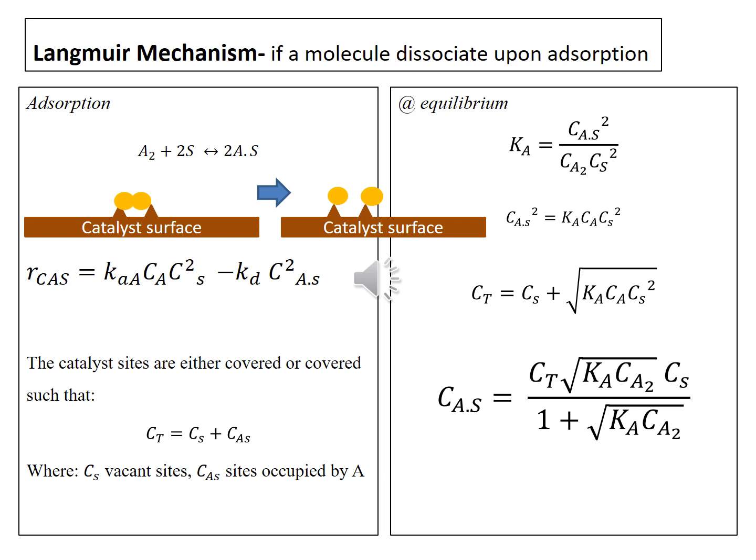You get C_T equal to Cs plus the square root of K_A C_A times Cs squared. Then we make C_A·S the subject of the formula, by first of all making Cs the subject and substituting in the earlier equation, and we get the last equation at the bottom.